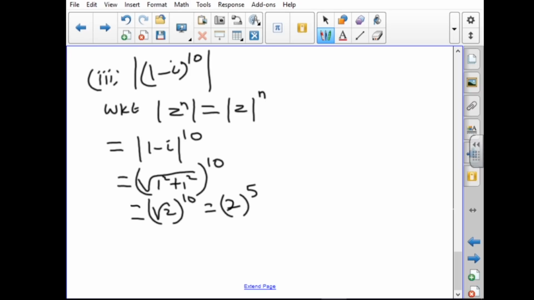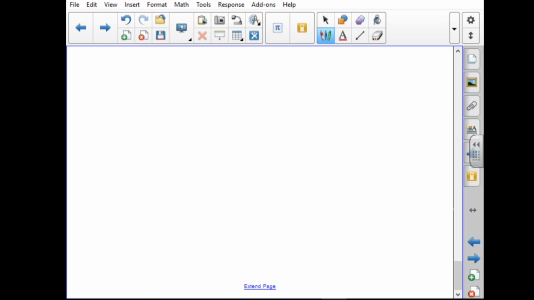Then coming to the fourth subdivision. Fourth one, modulus of 2i into (3 minus 4i) into (4 minus 3i).